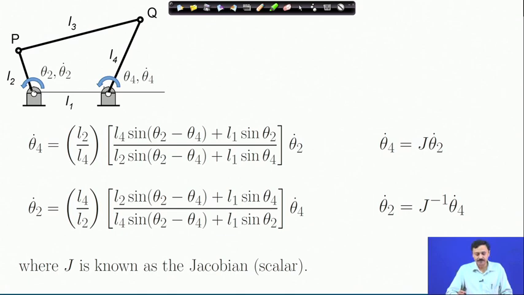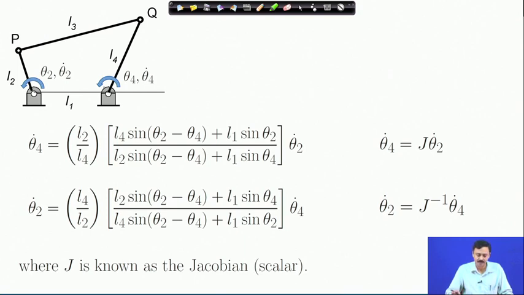Here we have determined the Jacobian in terms of theta 2 and theta 4, but that hardly matters because we are armed with a displacement analysis. We know how to relate theta 4, theta 3, theta 2, etc. So, we can always find out the Jacobian, and the Jacobian value will remain the same.